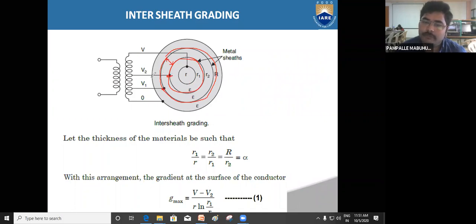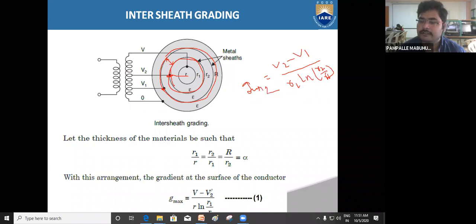So G max value can be written as V2 minus V1 by, for this you have to consider this radius, which is R1, ln R2 by R1. So this is the G max value for your second layer, and this is for your first layer.